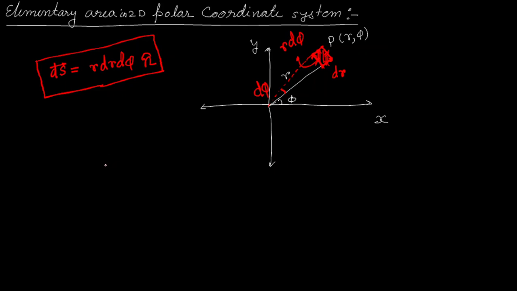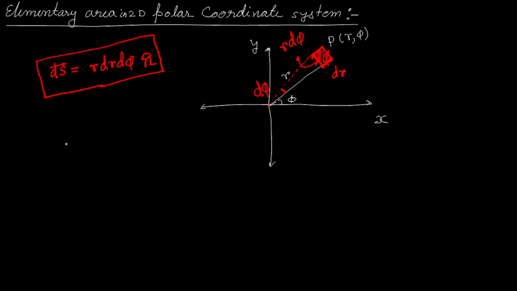Again, if we want to represent this whole universe by this 2D polar coordinate system, what will be the limit of r? We consider that the center of this coordinate system lies at the center of this plane.